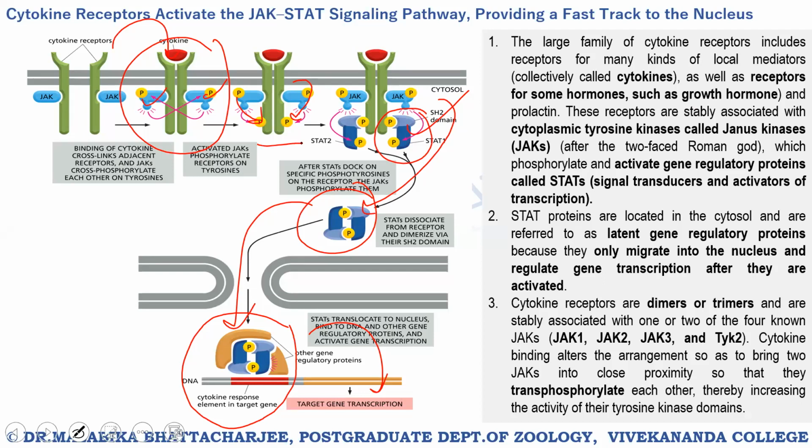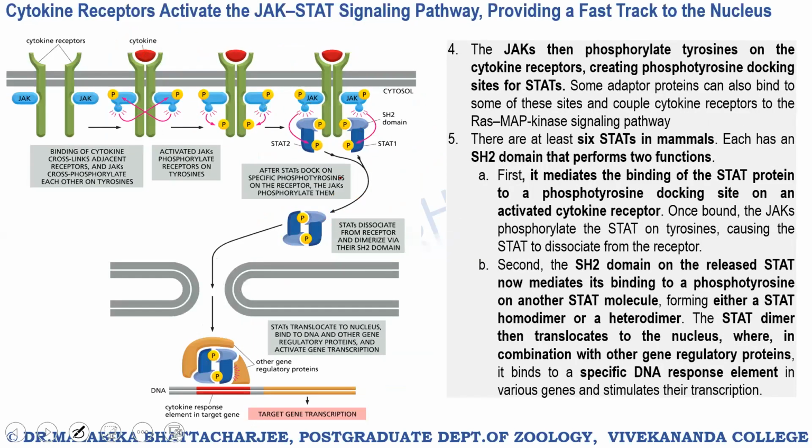The cytosolic STAT proteins are then recruited to the receptor via their SH2 domain. The STATs are phosphorylated on tyrosine residues. The monomers open and dimerize via their SH2 domain. They are stabilized, they move to the nucleus and bring about the response of the target genes.